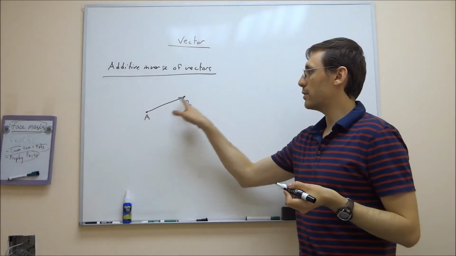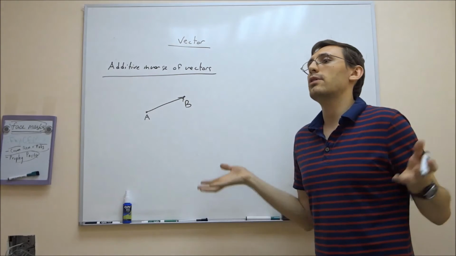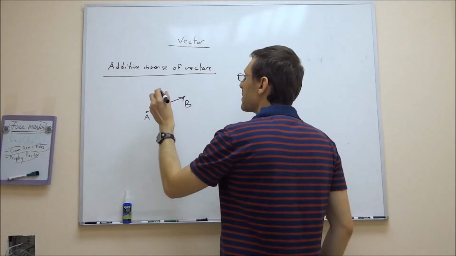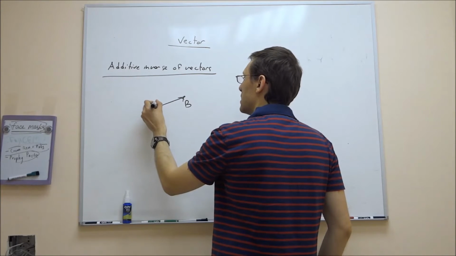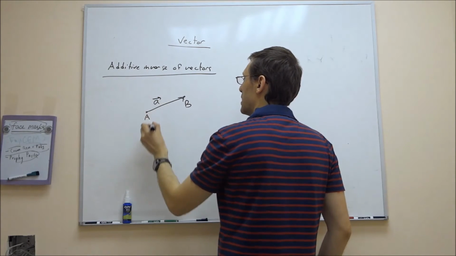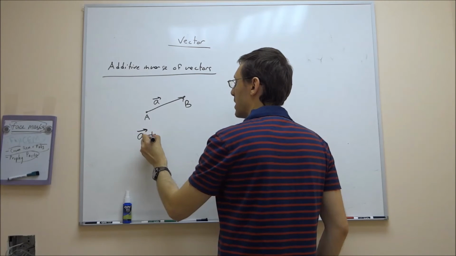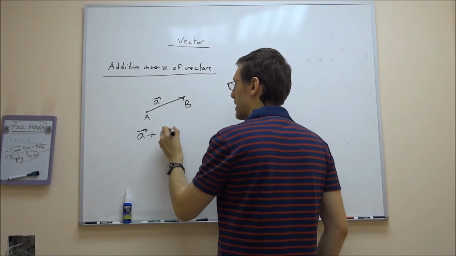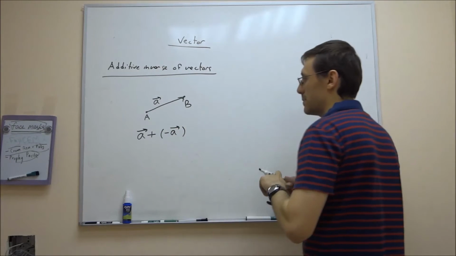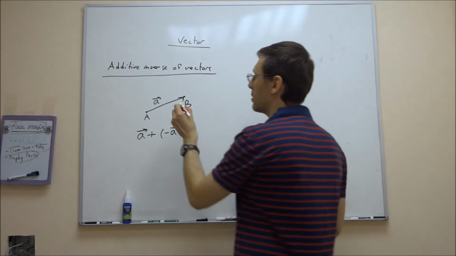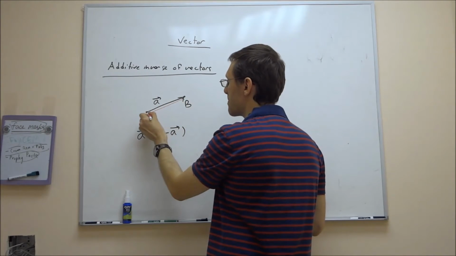If you go from A to B and then from B back, then you have not traveled at all. So you have the vector A here, and you would want to have the property that A plus minus A. By minus A you would specify a vector that has the same length, but goes in the opposite direction.